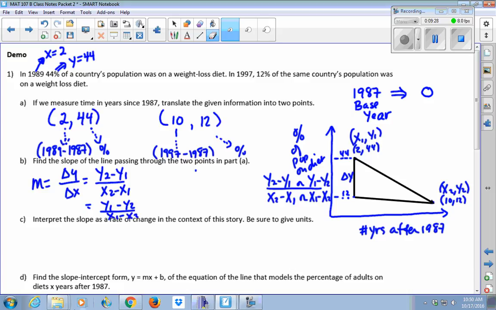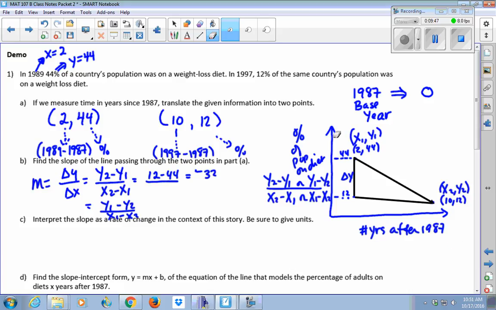Either way. So if I look at this height, I'm going from 44 down to 12. So that's a drop. Okay. That's negative 32. That's a change of a height of 32, right?